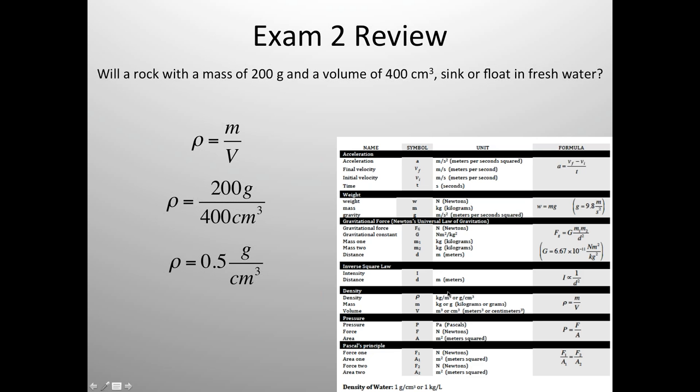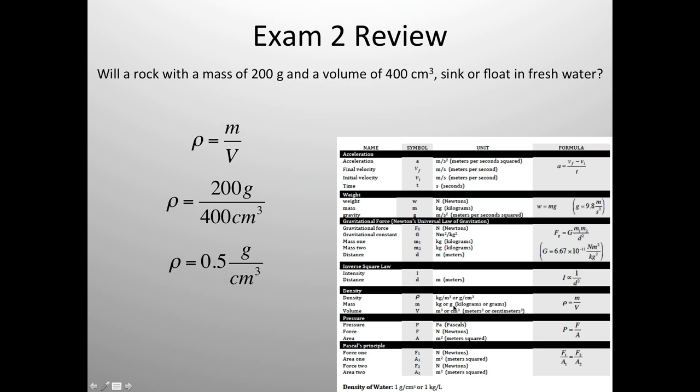Remember that density is our only one so far anyway that can have different units depending on how it's given in the problem. So if you go to the unit column on your equation sheet for the density equation, you'll see that the density can be in either kilograms per meters cubed or grams per centimeters cubed.